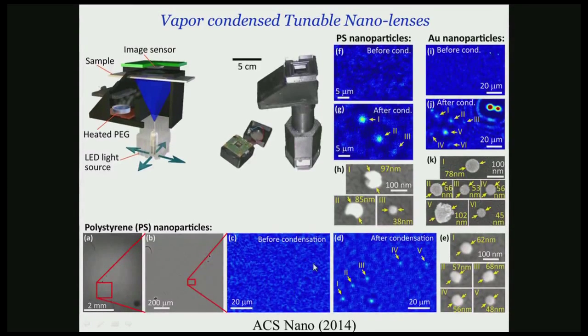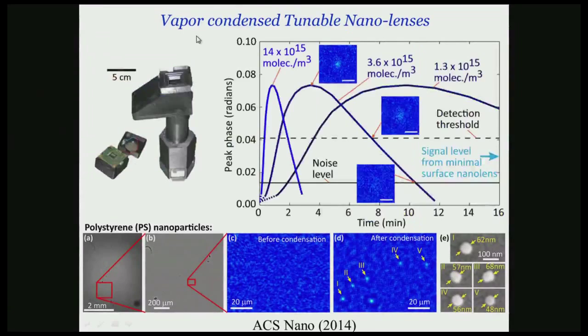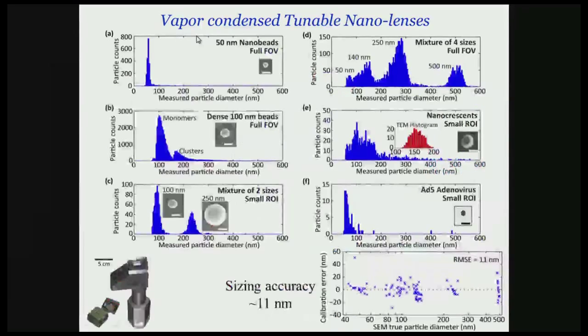Before condensation, you cannot see the nanoparticles because it's like trying to see the moon on a sunny day in San Diego, for example, which is very difficult because of the scattering cross-section compared to the sun's direct light. The same problem, but after condensation, you start to see sub-50 nanometer particles. The smallest so far that we've seen is about 40 nanometers, confirmed again with SEM in a field-portable way. And it can also be quantitative in terms of the diameter measurement.